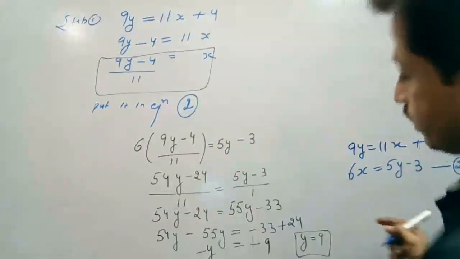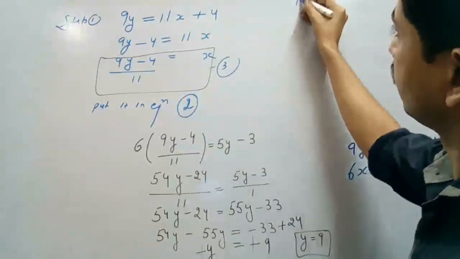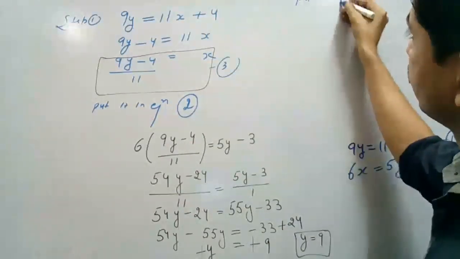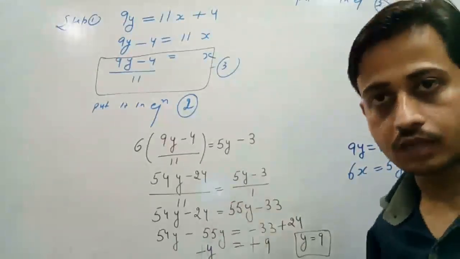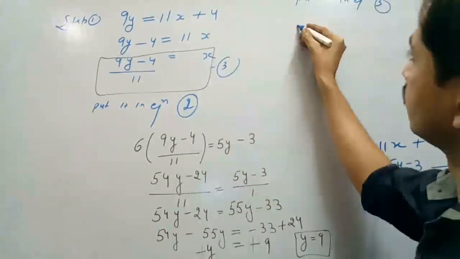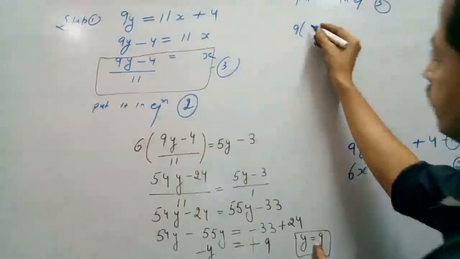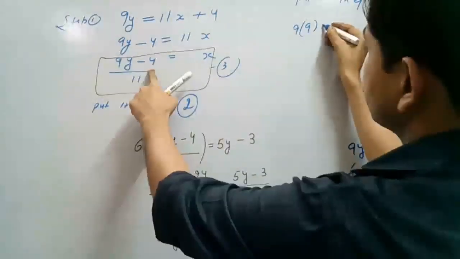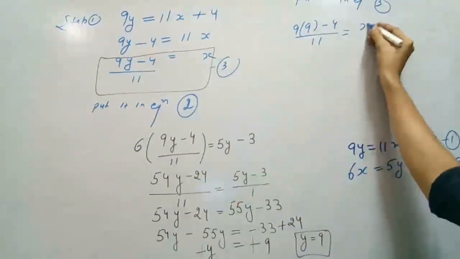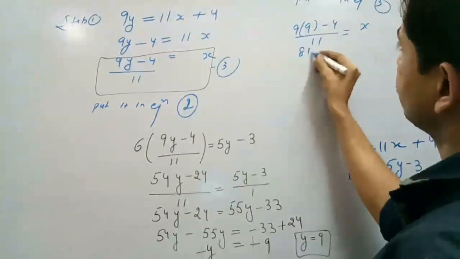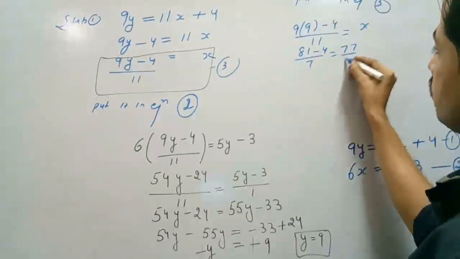Now the next step is what? We have to put it in equation number 3. This is equation number 3. Put it in equation 3. 9 into y, the value of y is 9, minus 4, divided by 11. Now solve this. 9 into 9, 81 minus 4, which is 77 upon 11.